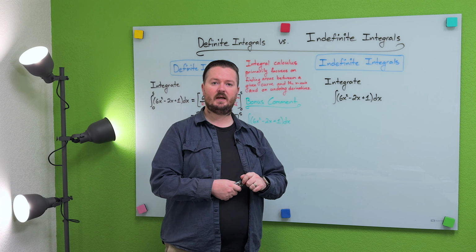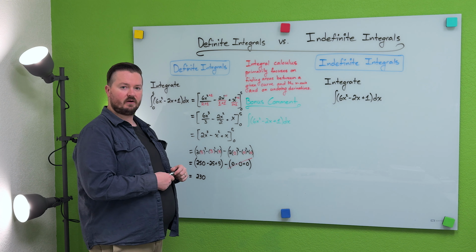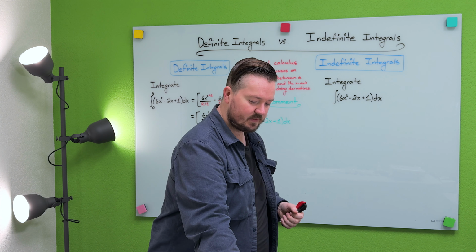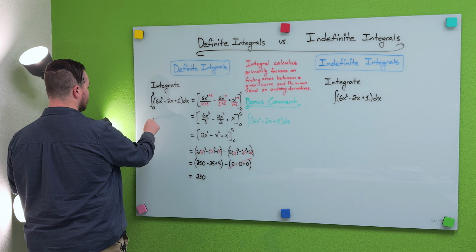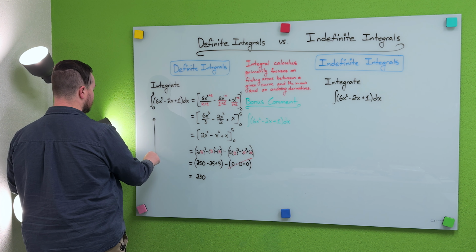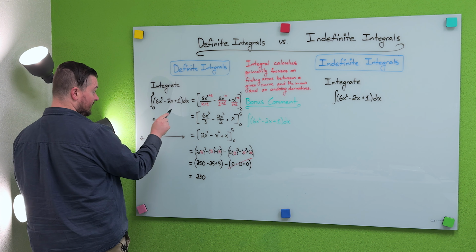Well, for one, an integral gives you the area under a curve. Let me show you. It's the area between a curve and the x-axis. I'm going to draw a randomly chosen function to represent this.